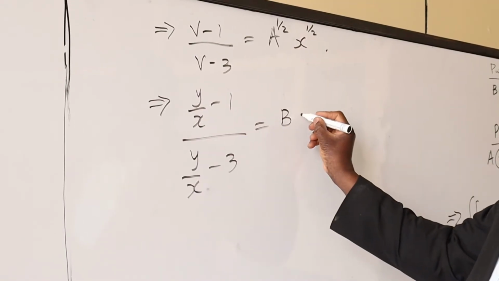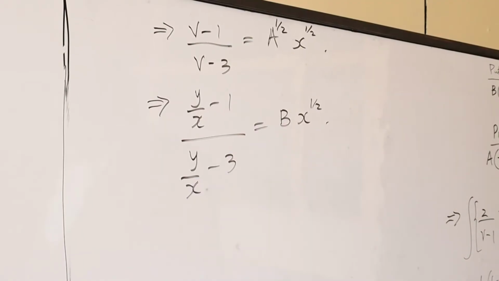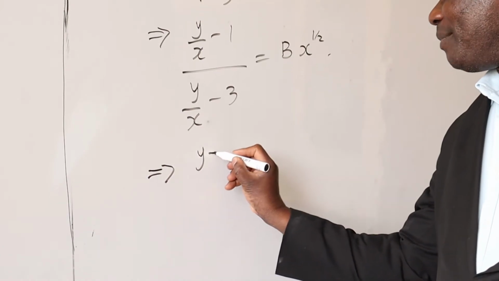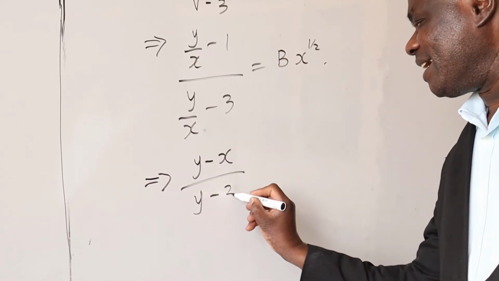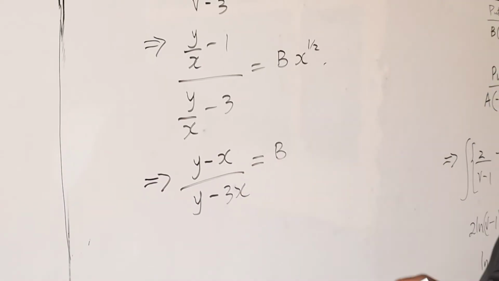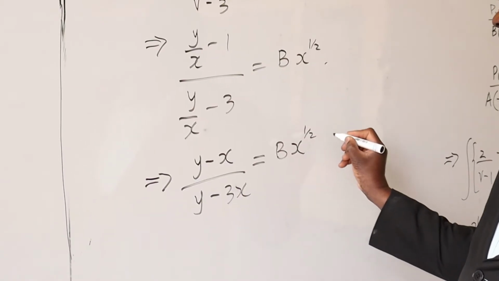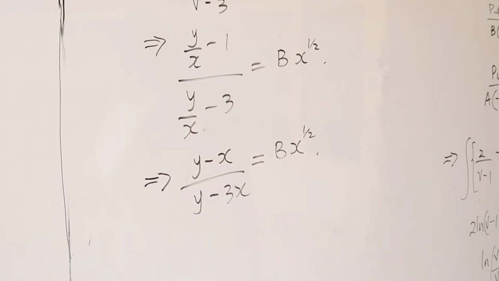X power half is just x power a half. Now this implies what? This is y minus x all over y minus 3x is equal to b x power a half. Bx power a half.